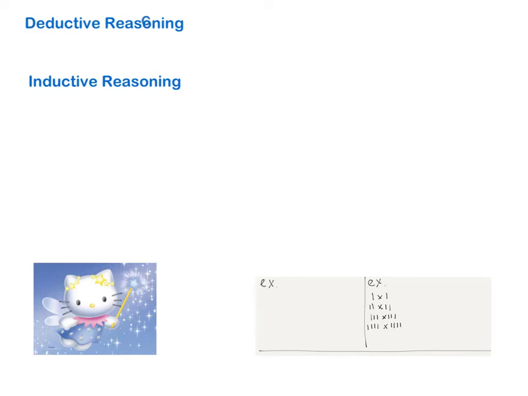Deductive reasoning is when you come up with a conclusion based on accepted statements. The really important part that I want to make sure you notice is that it's from accepted statements, things that are already true, like theorems.